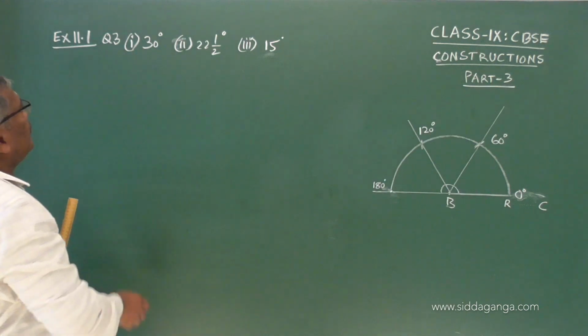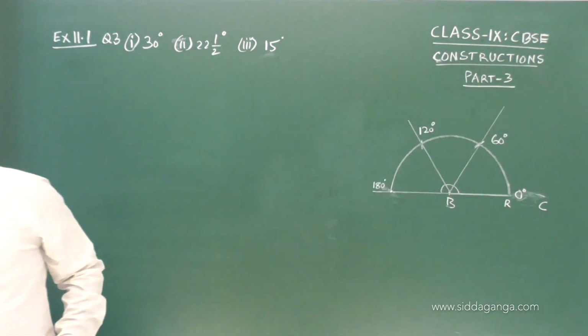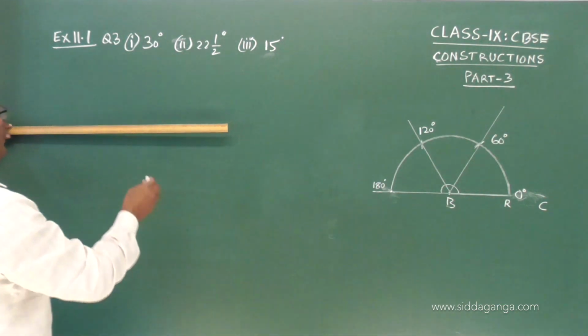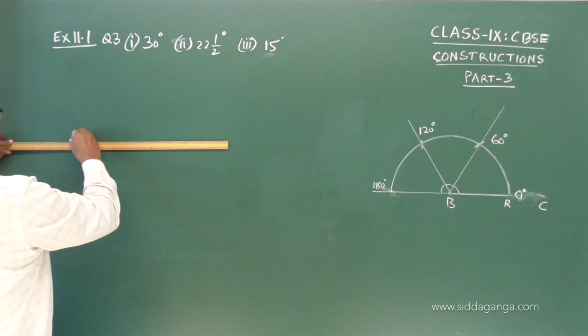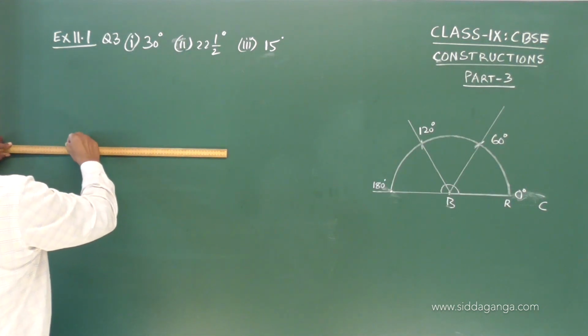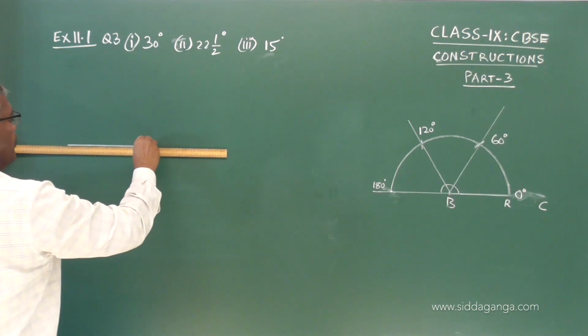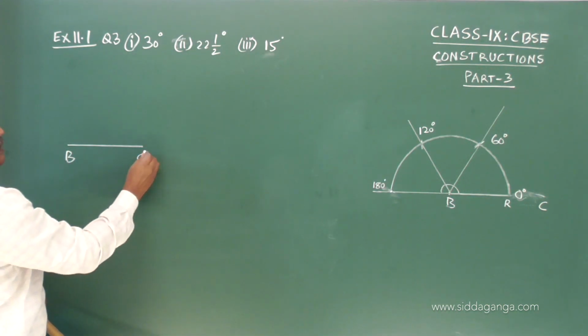So first I will take up this 30 degree construction. A 30 degree angle at a given point. So say this is the line BC.